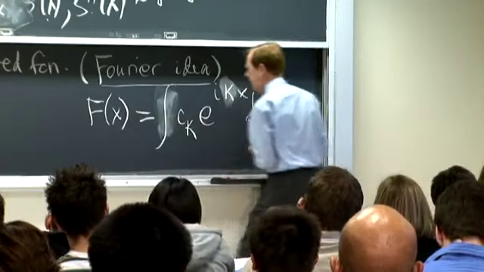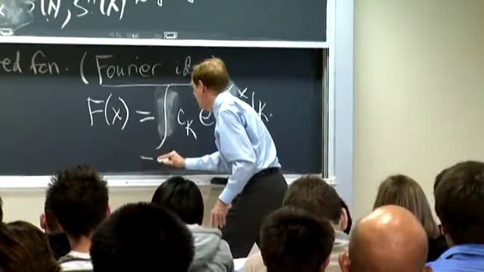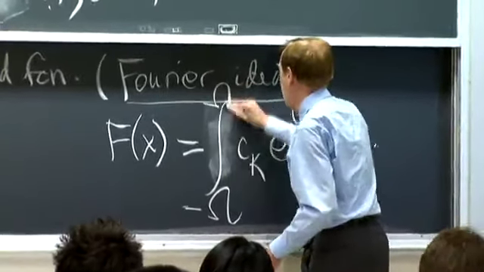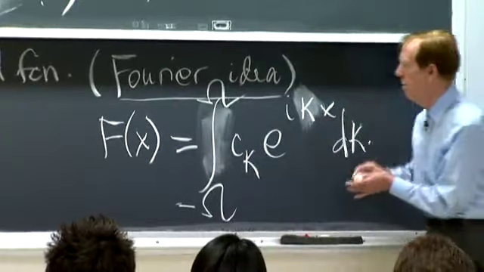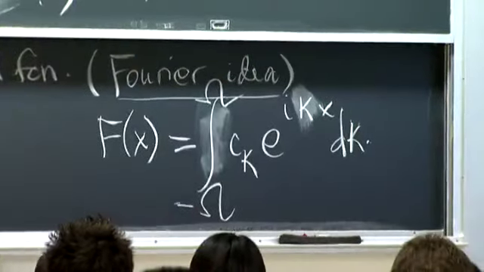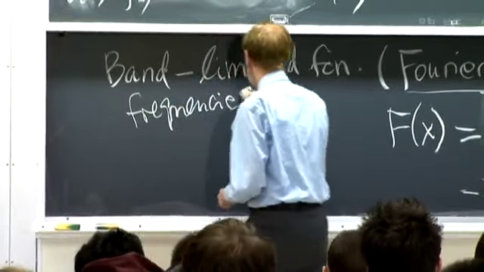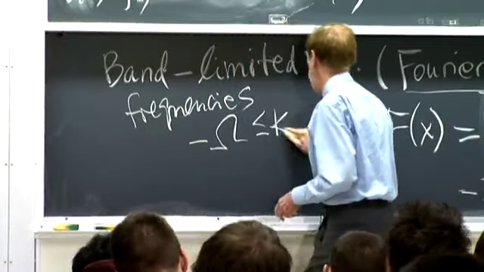So a band limited function would be a function whose frequencies go from some value, say, minus omega to omega. Instead of going from minus infinity to infinity, this would be band-limited, with frequencies between minus omega and omega.